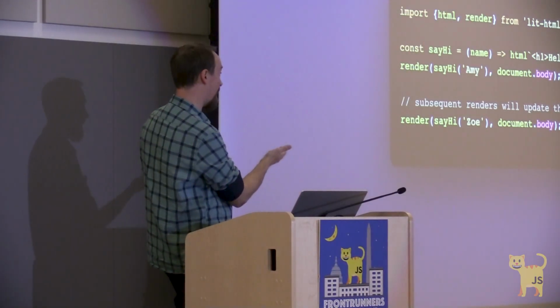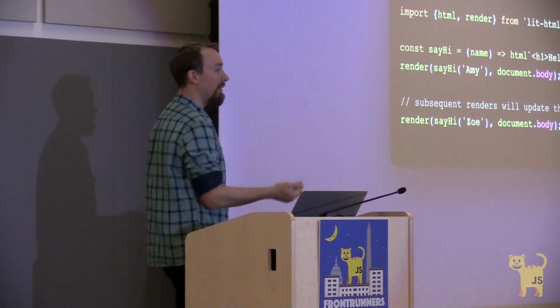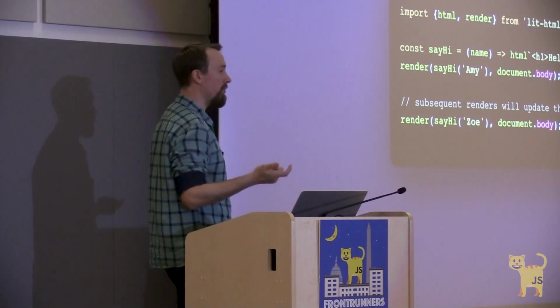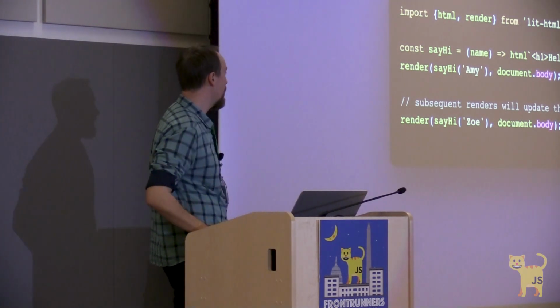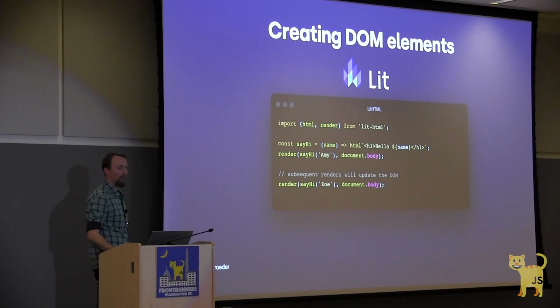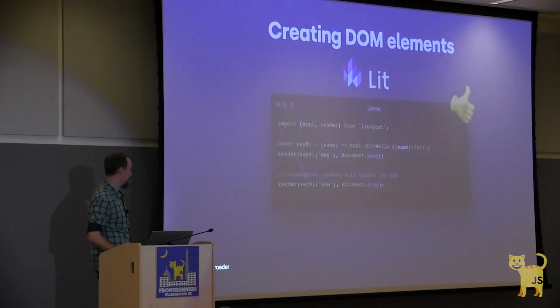In this case, they're giving back a function, and then you're calling that function with some state, something that you want to do inside of that function. And you basically get a reactive-ish kind of framework. You just have to remember to call those functions over and over again. So here's my say hi, and then I'm passing in a string that I want to have interpolated, and it works. It renders different DOM nodes.